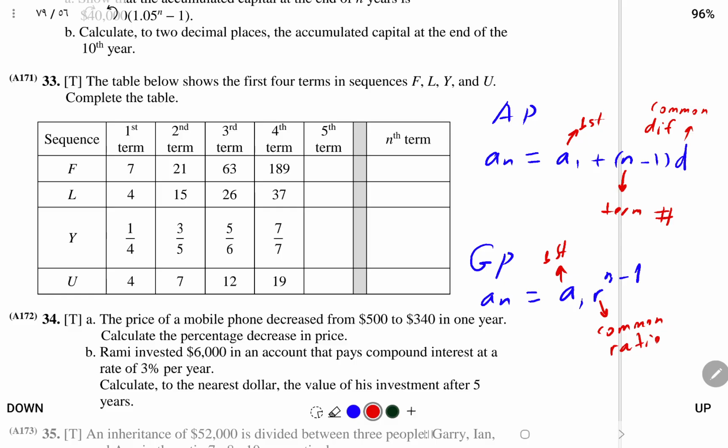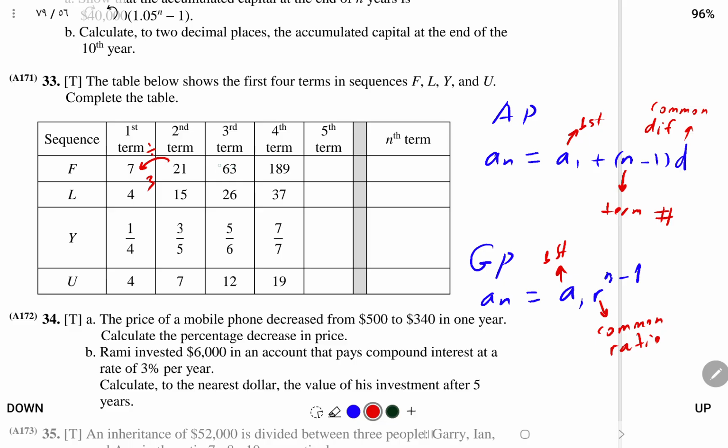To see an example about this, we can, for example, look at sequence f in the beginning here. You have 7, 21, 63, 189. You can easily notice that if you divide 21 by 7, you get 3.